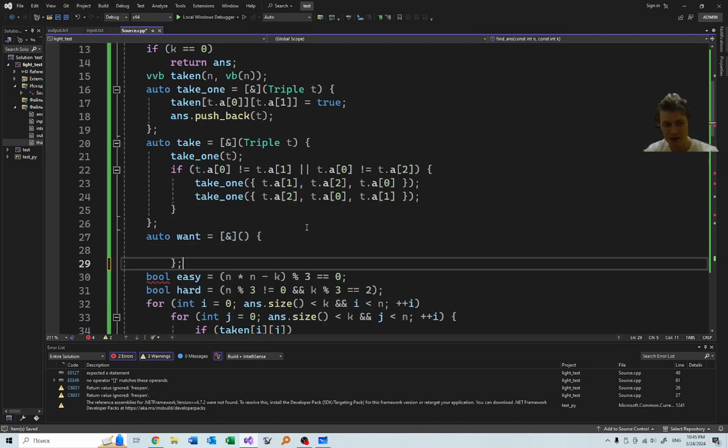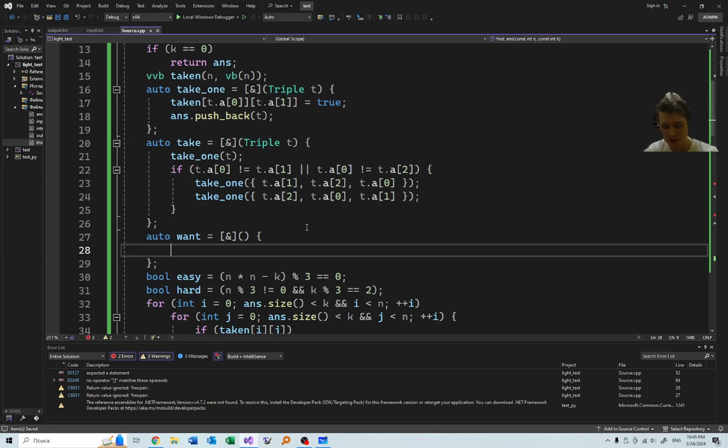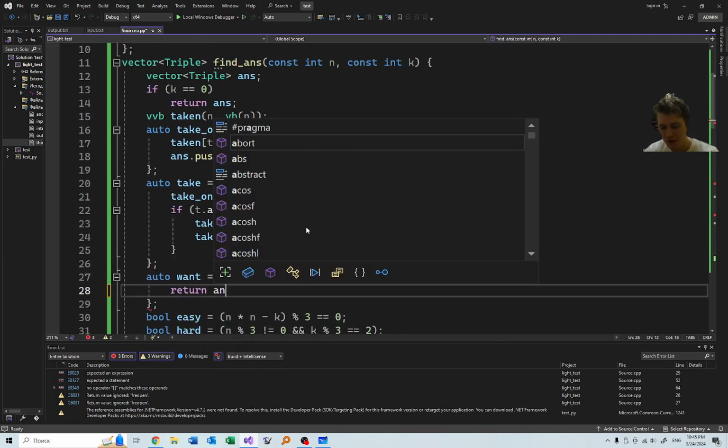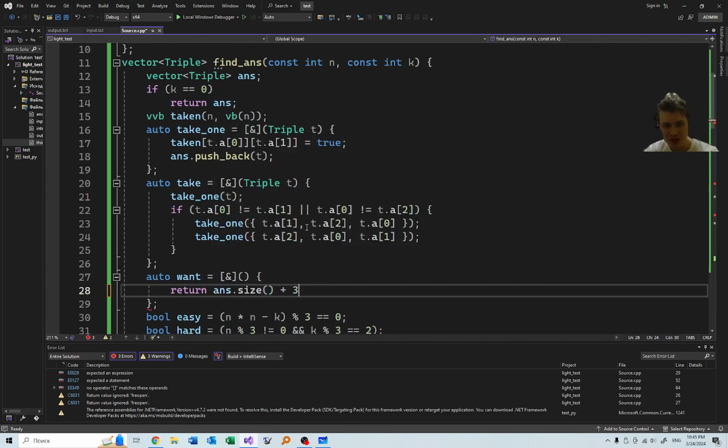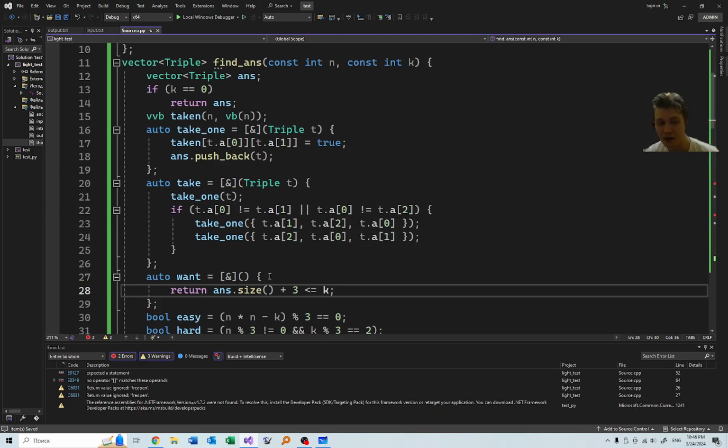And it's kind of easy. It simply says that ans.size plus 3 is still at most k. This means that we want a new triple.